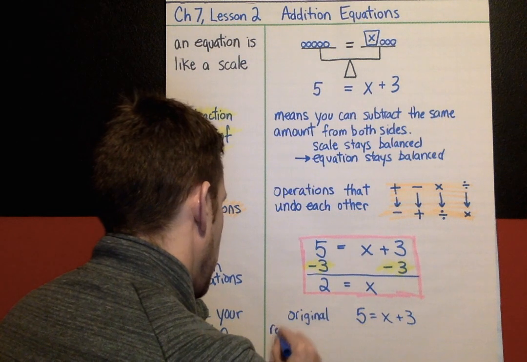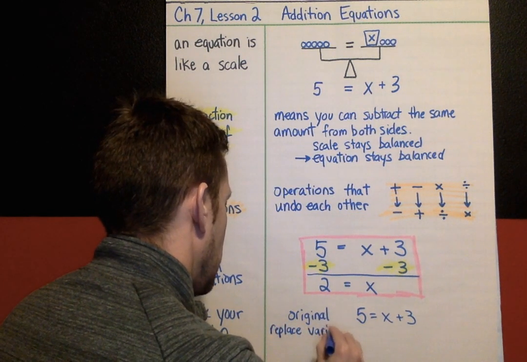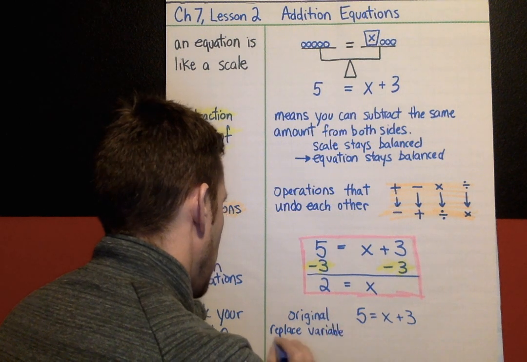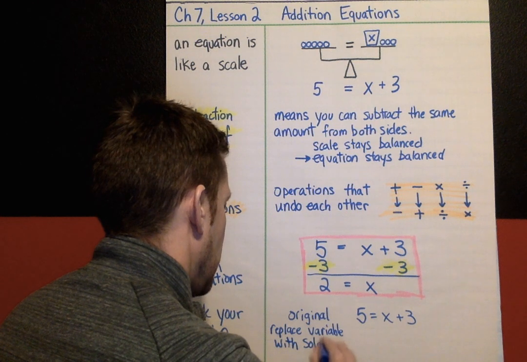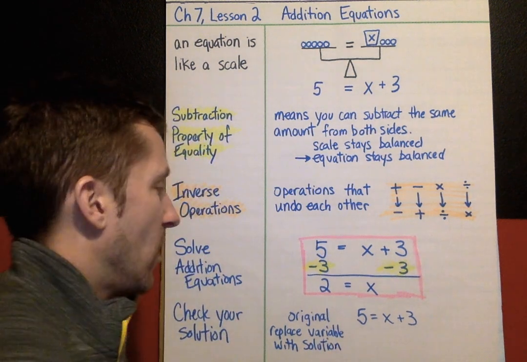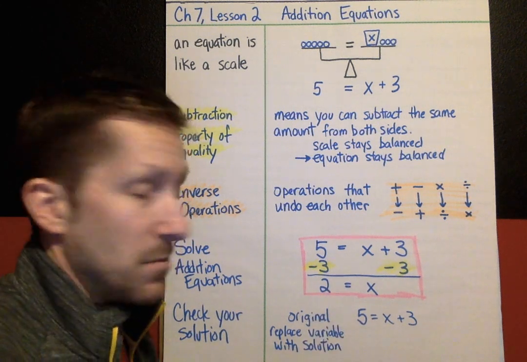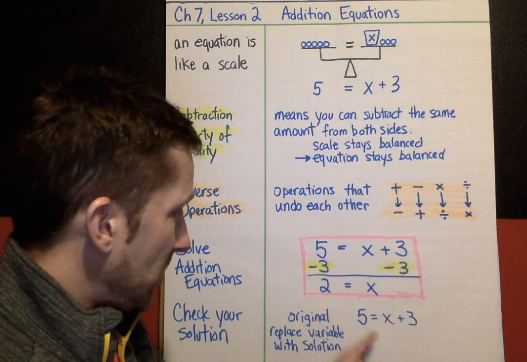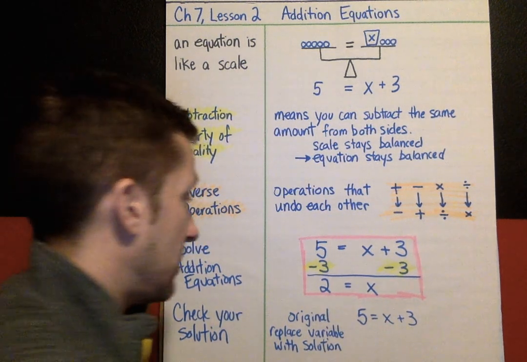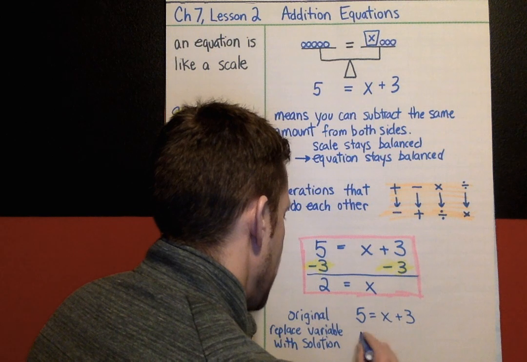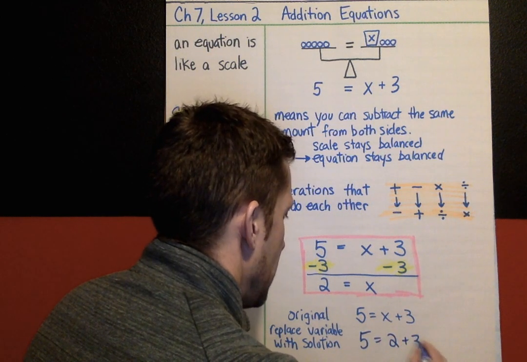I'm going to write: replace variable with the solution. What you think the solution is. So I think the answer is 2. Now I'm going to replace the variable with a 2. So what does that look like? 5 equals 2 plus 3.